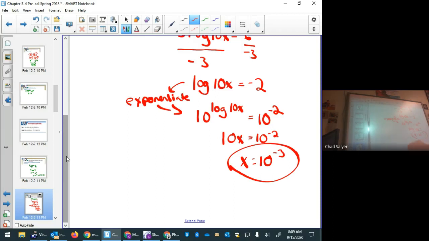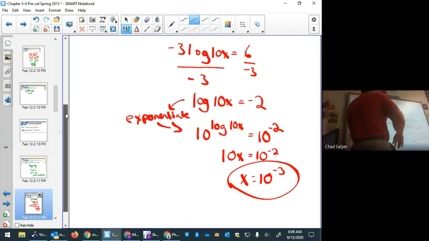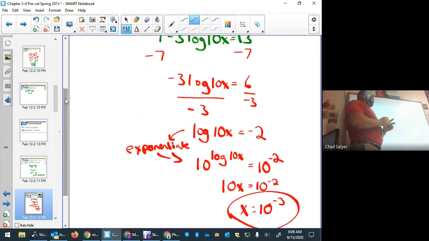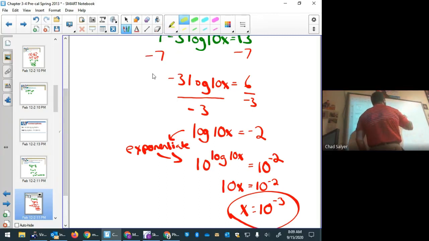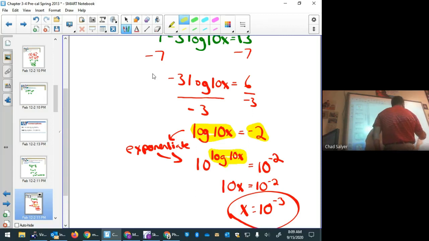So once again, when we're solving a logarithmic equation, as in this case, we'll do whatever algebraic steps are necessary to isolate the logarithmic term. So the first few things I did were to get the log by itself. Once we have the log by itself, the key is to exponentiate. In other words, take both sides of the equation as the exponent of that logarithm's base.